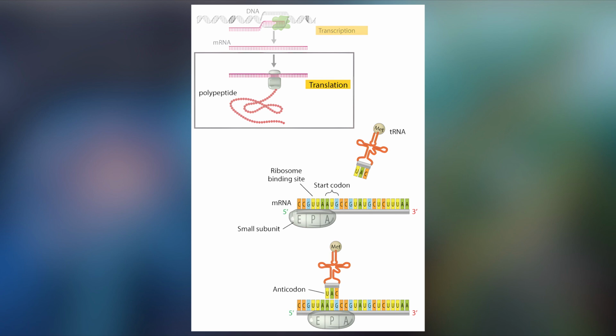The peptide bond is just the bond that joins amino acids together to form a protein, analogous to the phosphodiester bond in DNA or RNA. Once that bond has been catalyzed, that prompts a change in the shape of the ribosome as a whole, and what happens is it moves along the mRNA. It moves 3 nucleotides down.